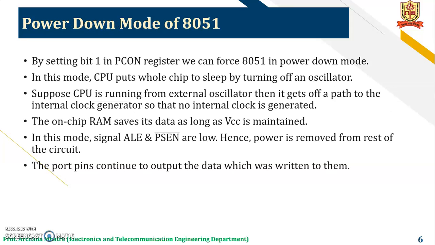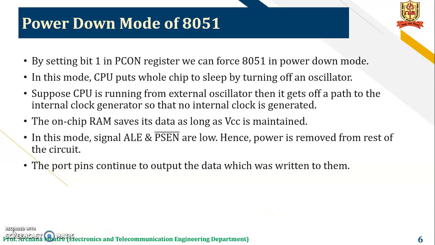Now the next power saving option is power down mode. By setting bit 1 in the PCON register, we can force the 8051 into power down mode. In this mode, the CPU puts the whole chip to sleep by turning off the oscillator. Suppose the CPU is running from an external oscillator, then it gets cut off from the path to the internal clock generator so that no internal clock is generated.